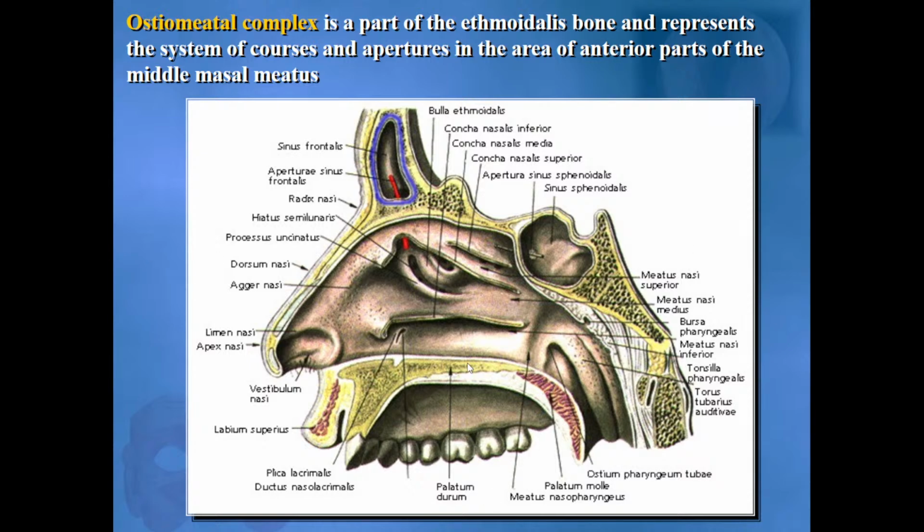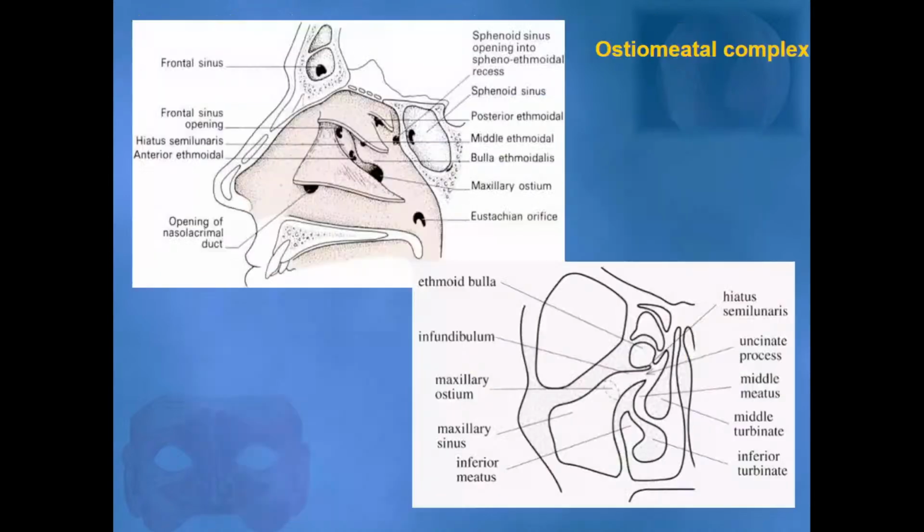Why is it important? Because all sinuses of the anterior group open into the osteomeatal complex, and any problems in the structure of this complex may lead to problems with paranasal sinuses.